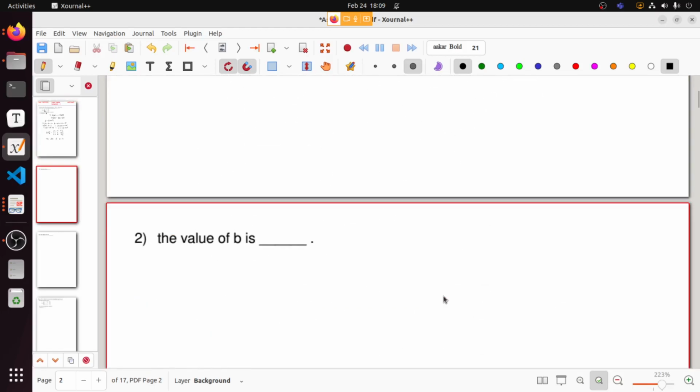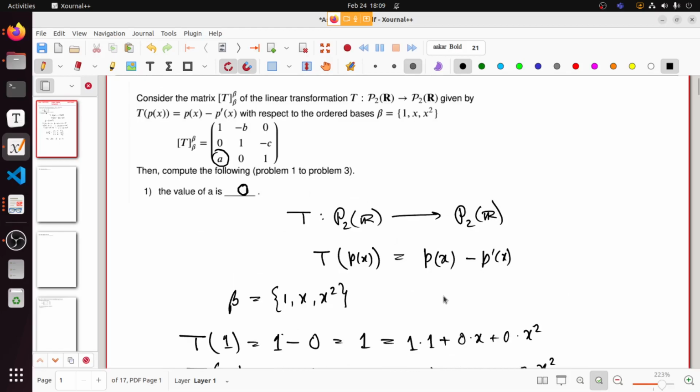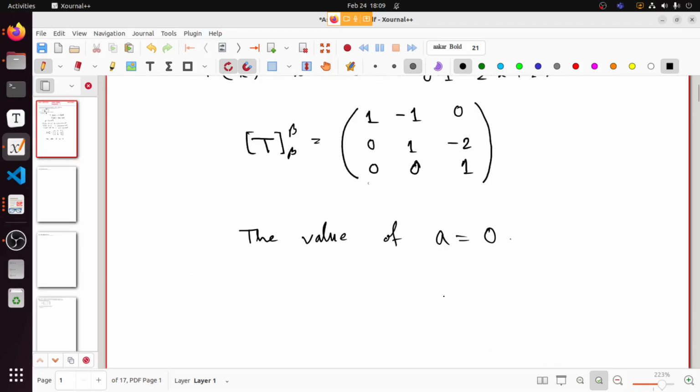So let's move to the question number B. What is it saying? You have to find the value of B, where T is as earlier. So B is here, minus B is here. So what will be the value of B? It will be 1, right?